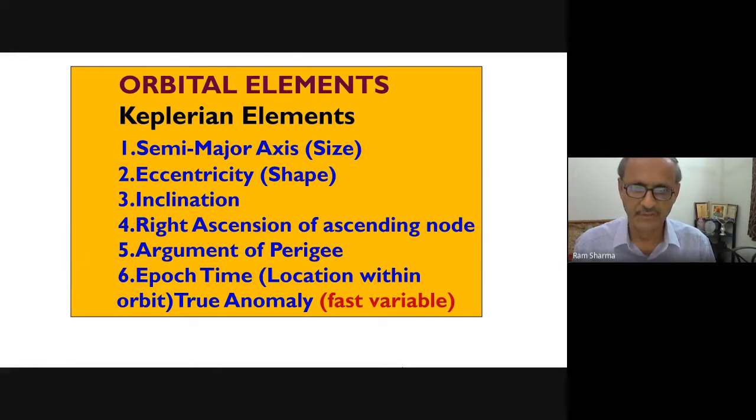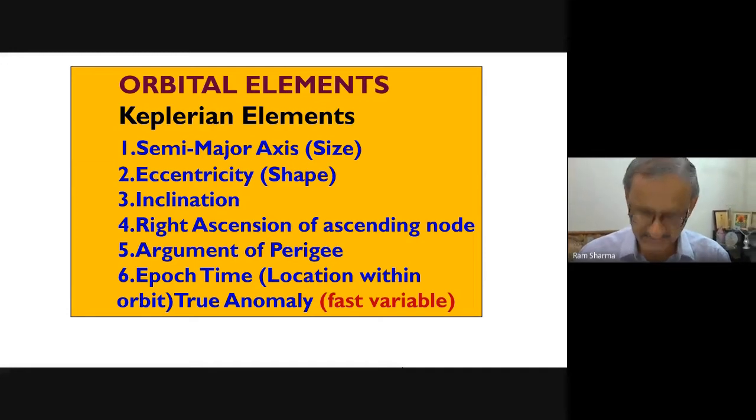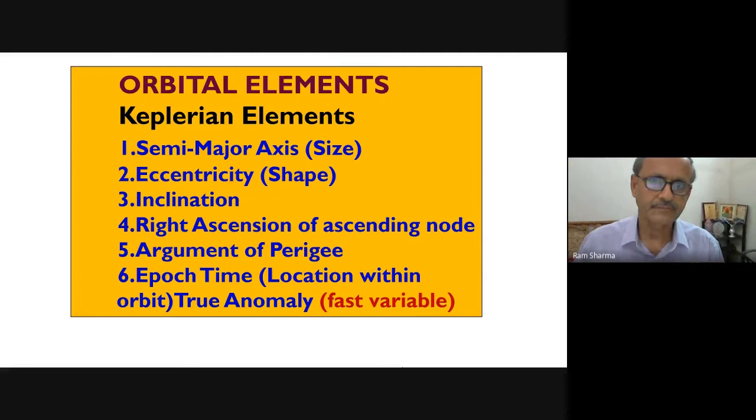The location within the orbit we can define by a fast variable, true anomaly. True anomaly is measured from the focus, and the eccentric anomaly is measured from the center. But true anomaly is the one which mostly we use. But many times the eccentric anomaly helps us when we do the mathematics.